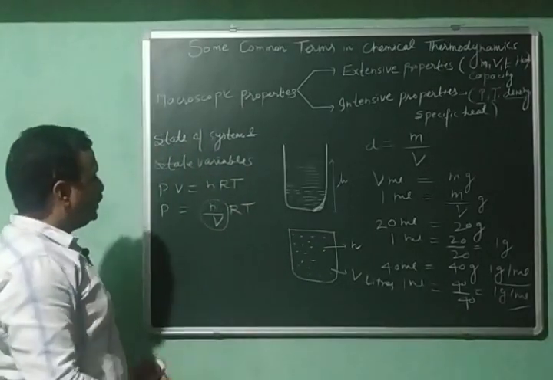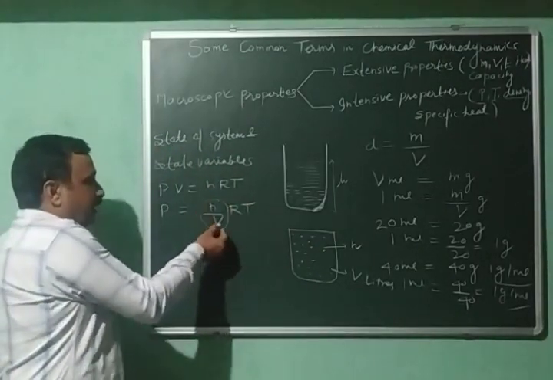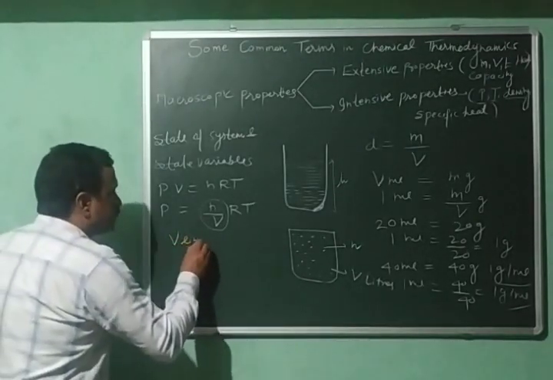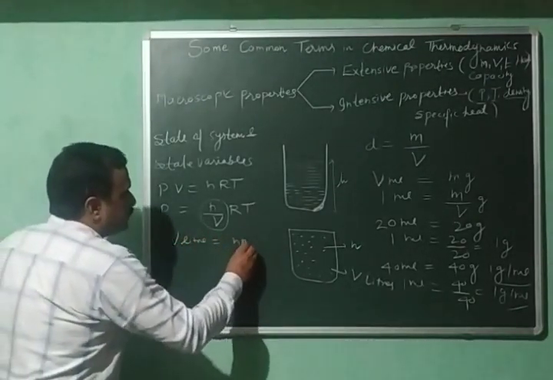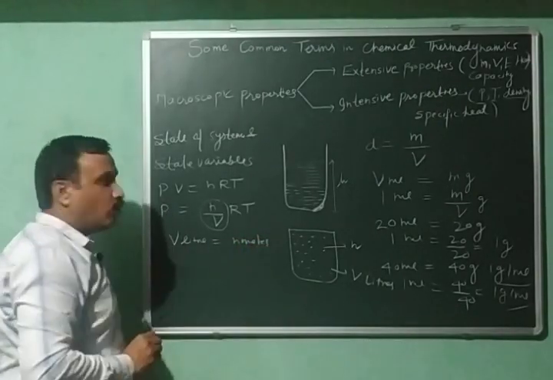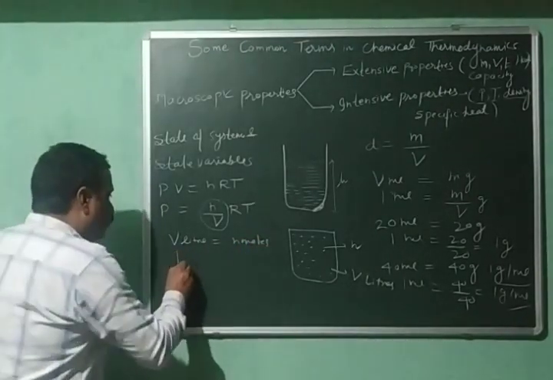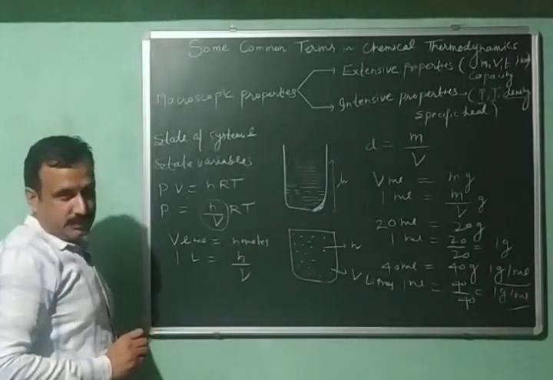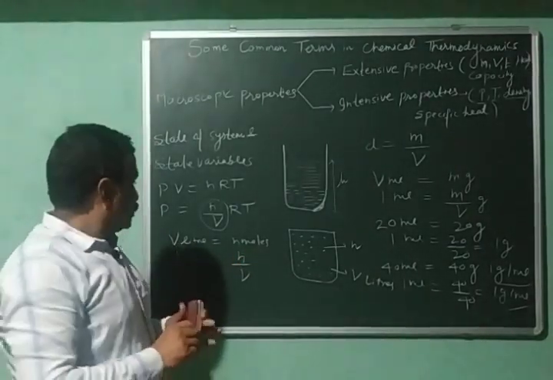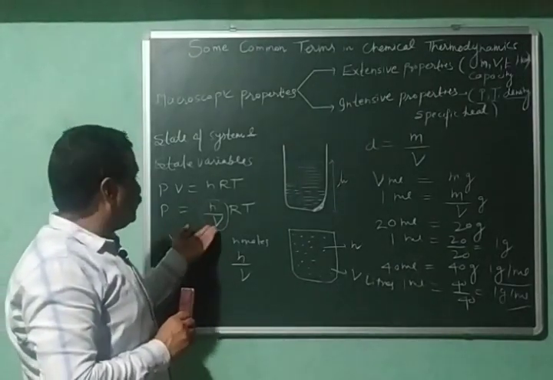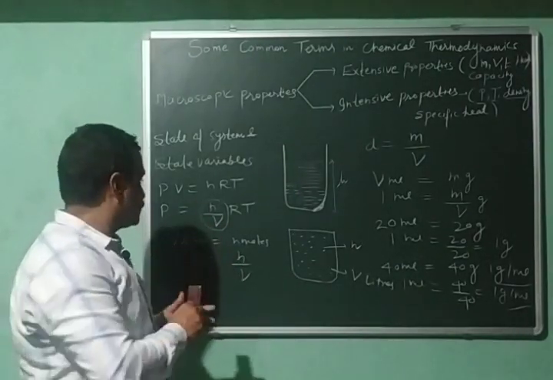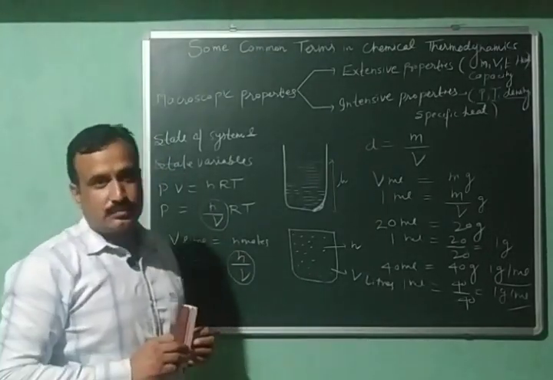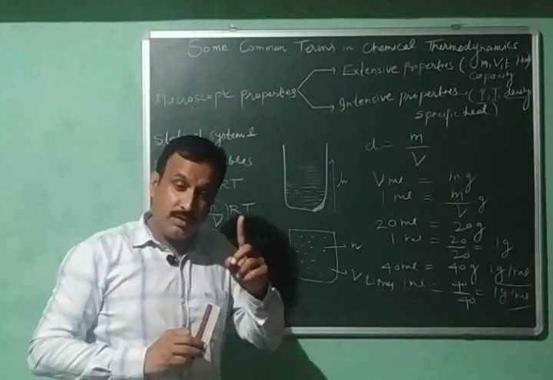Then what is this term n upon V? It means that in V liters we have n moles, and in 1 liter, n upon V. So this n upon V is the number of moles present in 1 liter.